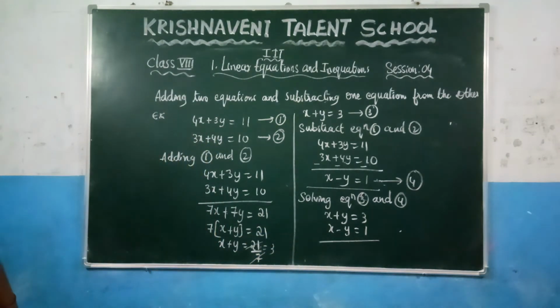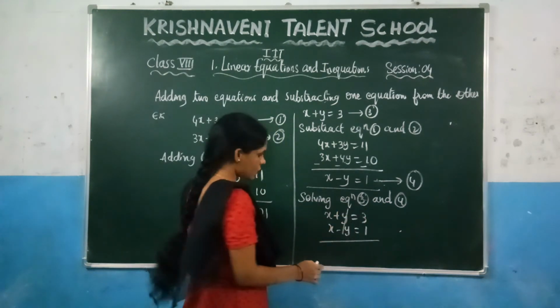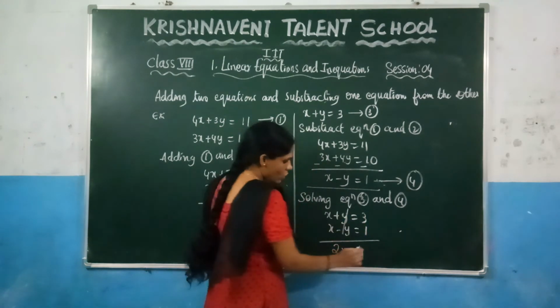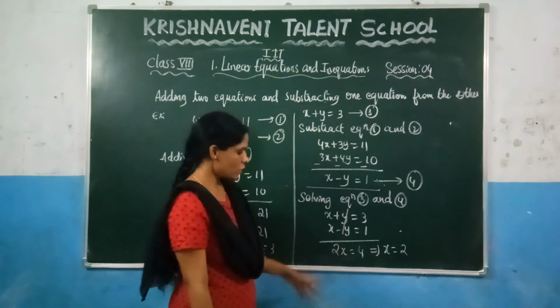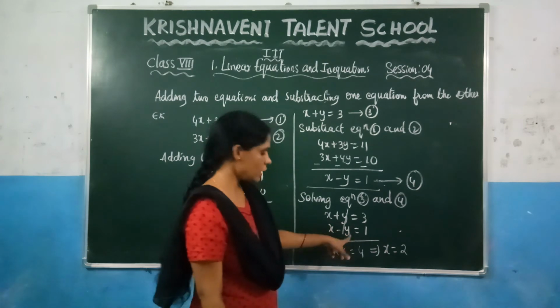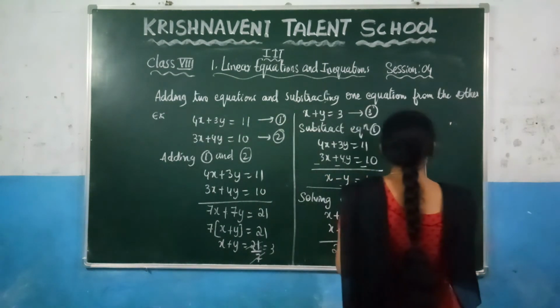Here you can observe that y will get cancelled. You will get x plus x, which is 2x, is equal to 4. So what is the value of x? It is 2, because 4 by 2 gives you 2. Now you can substitute the value of x in any of the equations. So substitute in 4.